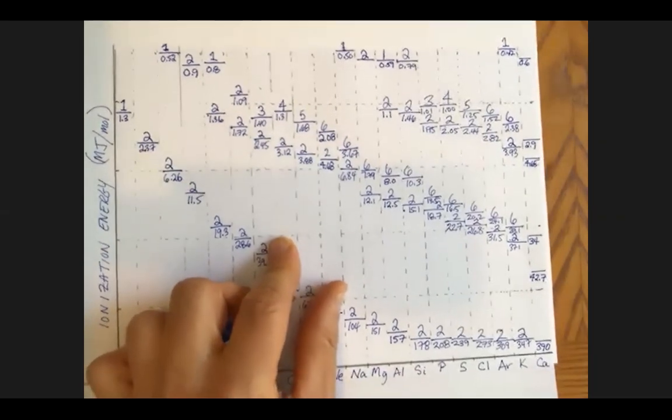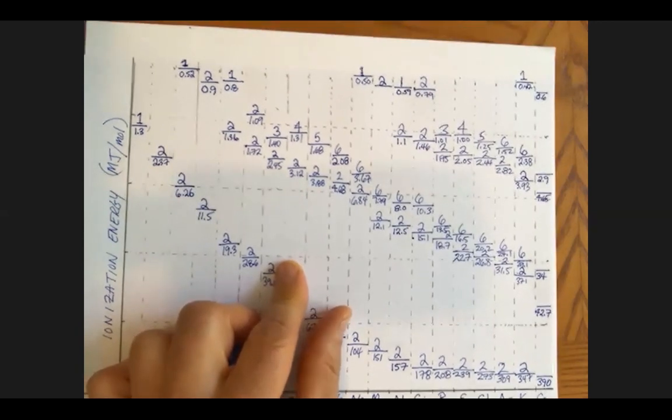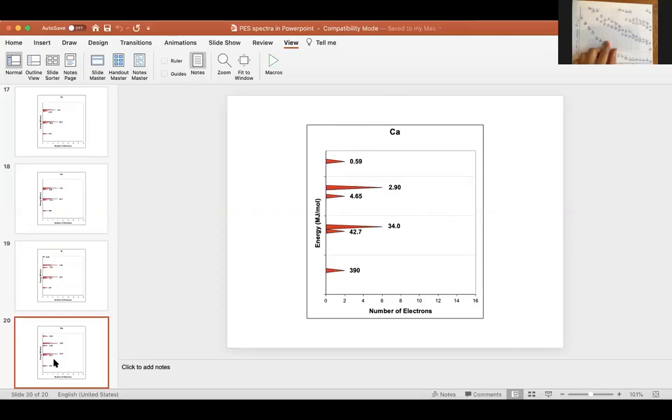And so looks really promising right now, doesn't it? Okay, last one. Yep. Right. All right, guys. This one's given, isn't it? Yep. So 390, 42.7, 34, 4.65, 2.9, 0.59.